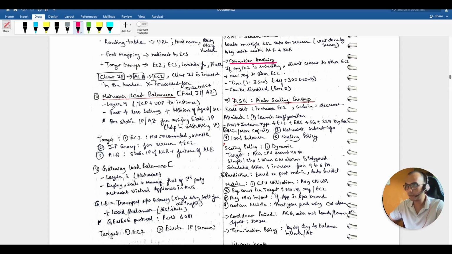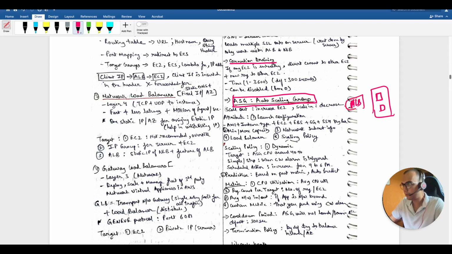Now comes the part of Auto Scaling group. With this, we see how your application is going to scale. Your EC2s are placed inside an Auto Scaling group, and we have an Application load balancer here. If traffic is coming from here, it is automatically going to be load balanced between two availability zones, because an Auto Scaling group is tied to particular AZs.